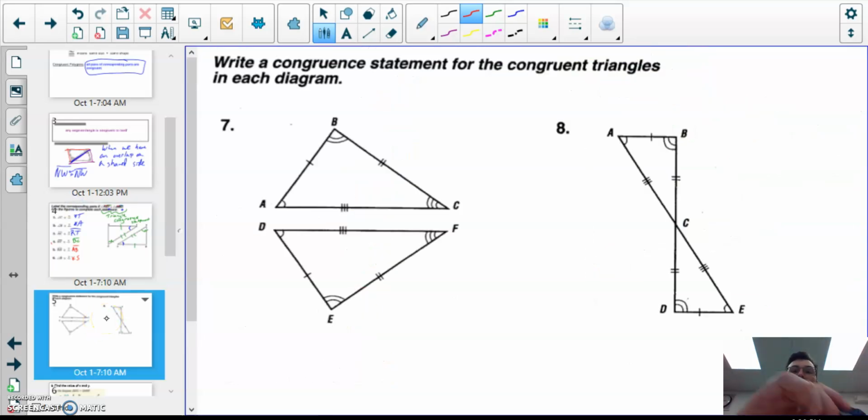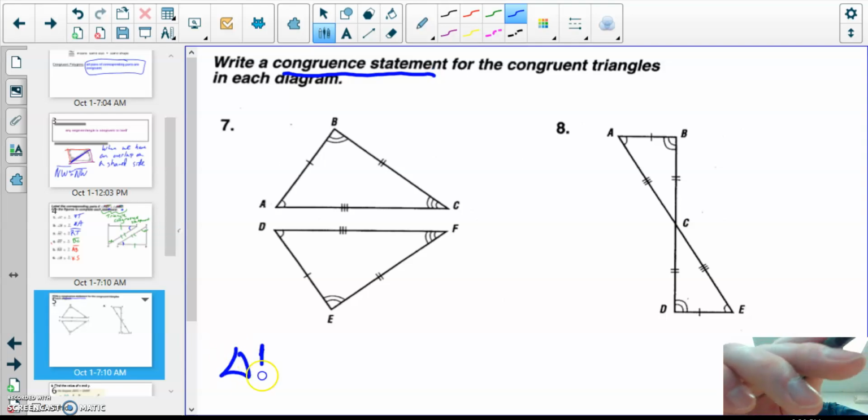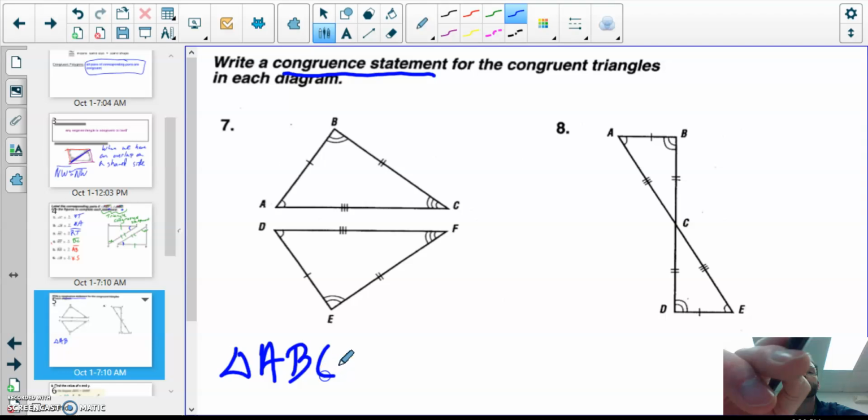Like I said before, write a congruence statement for the congruent triangles. There's that terminology again. Again, our order matters. Order does matter. So if I want to talk about triangle ABC, the order in which I write the next triangle does matter.